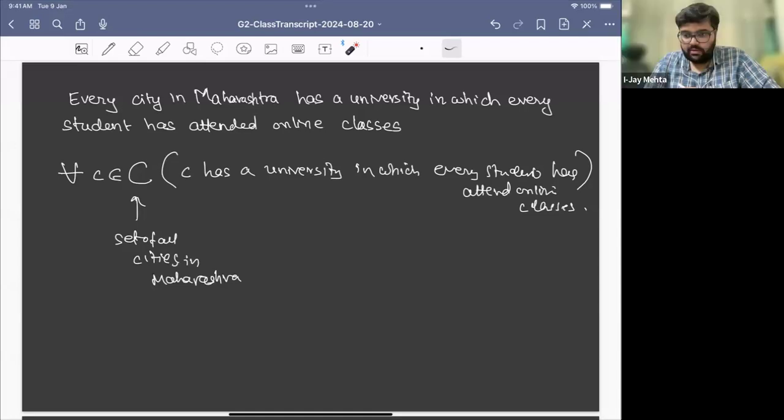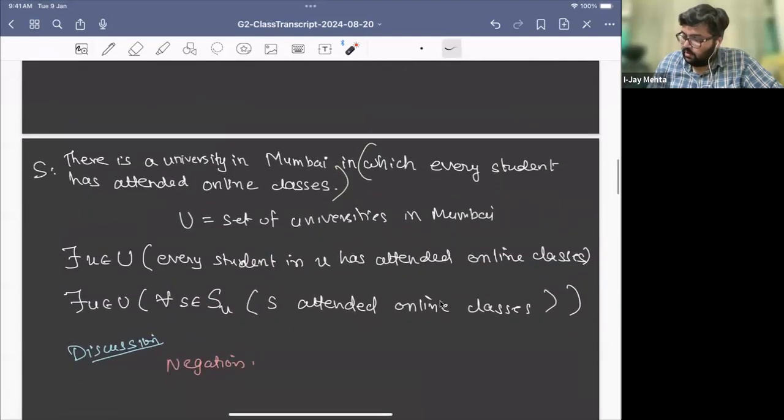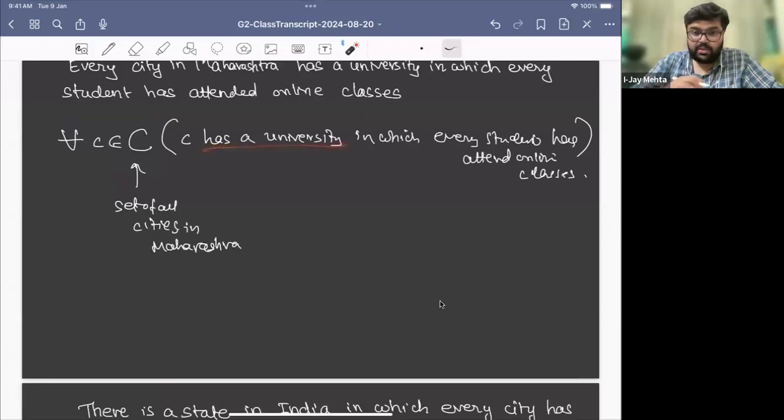Okay. Have we seen this already? This part? Did you observe anything? You just saw this, right? Replace C by Mumbai. So what do we have? Is it same here? There is a university in Mumbai in which every student has attended online classes. So what will be our set here? Yes, Ritu?